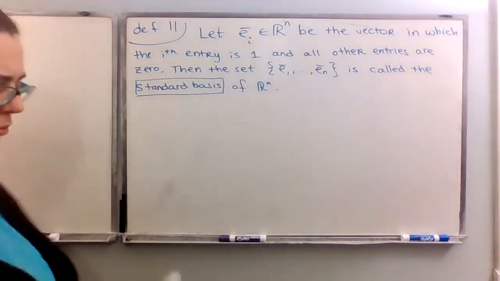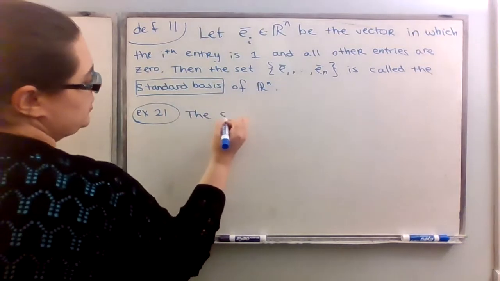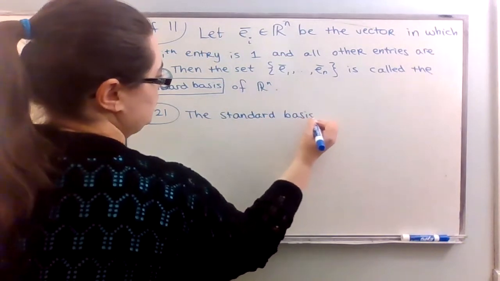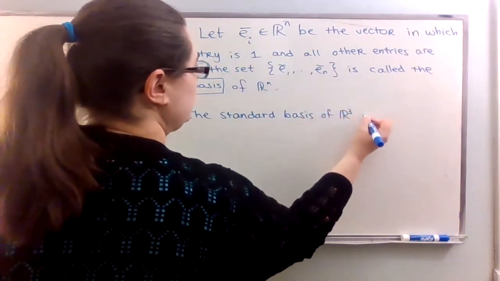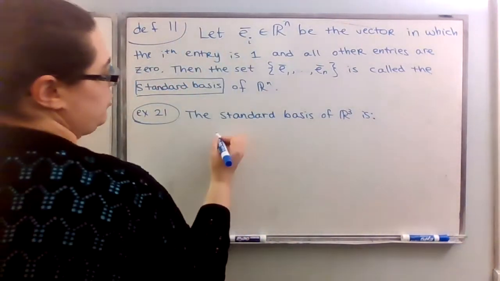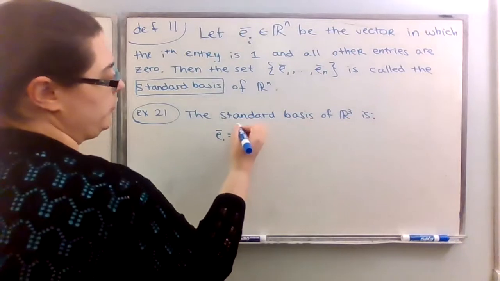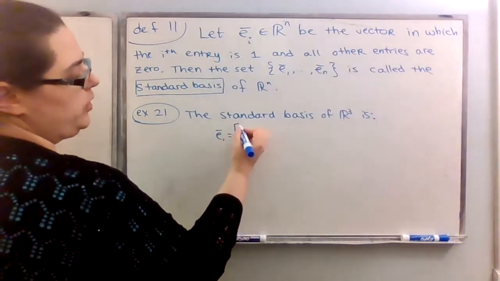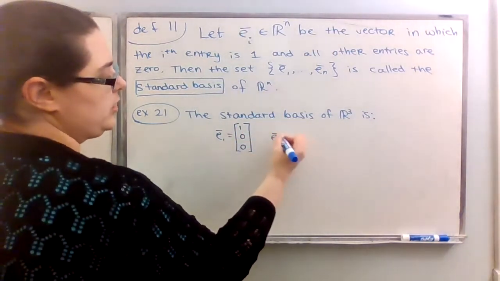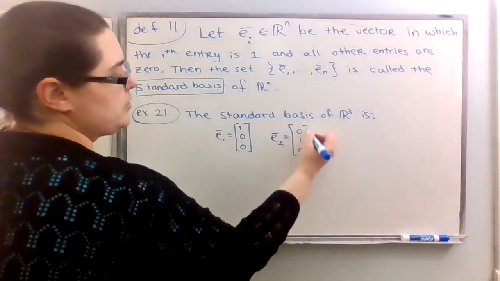So, for example, we'll call this example 21. The standard basis of R^3 is, and now we're going to define each of these e_i's. So e_1, because we are in R^3, we're going to have a 3 by 1 vector here. e_1 has a 1 in the first spot and 0s everywhere else. e_2 is going to have a 1 in the second spot and 0s everywhere else.